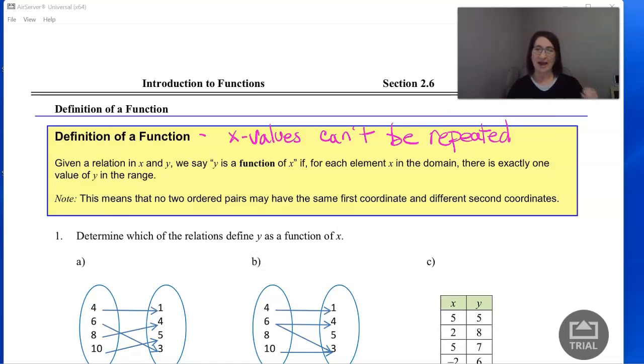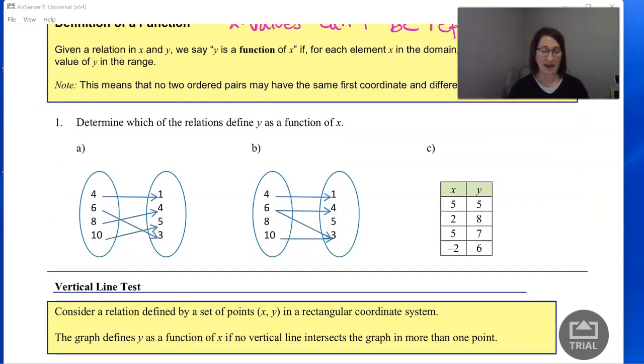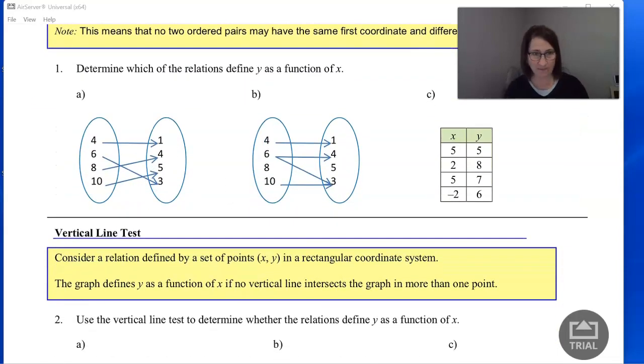So let's look at just some finite sets using a mapping diagram. When I look at example number A, I see that every single one of these arrows maps an x value to a y value.